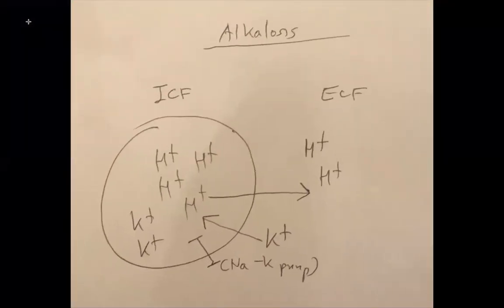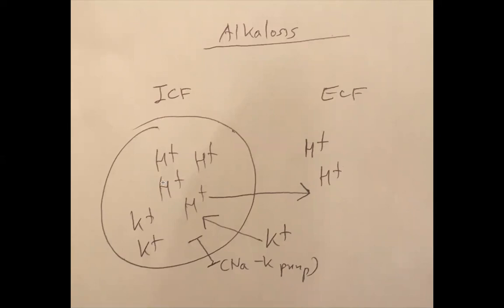In a time of alkalosis, we have relatively fewer hydrogen ions in the ECF. Fewer hydrogen, less acidity, relative to what's naturally in the cell. So what happens? Well, you know that these solutes, these ions, like to flow from areas of high concentration to areas of low concentration.